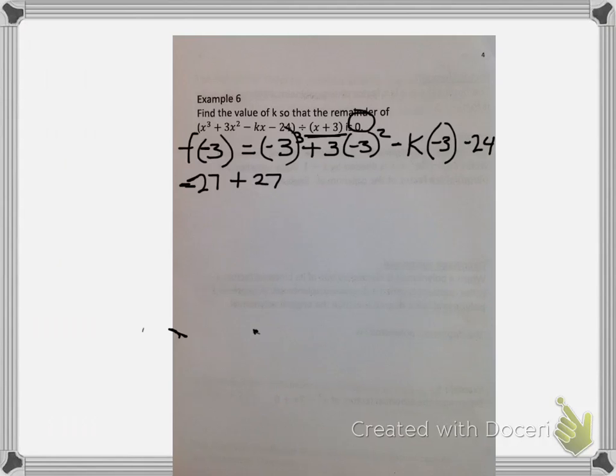And then minus k times a negative 3 is a positive 3k. Then minus 24 equals 0.